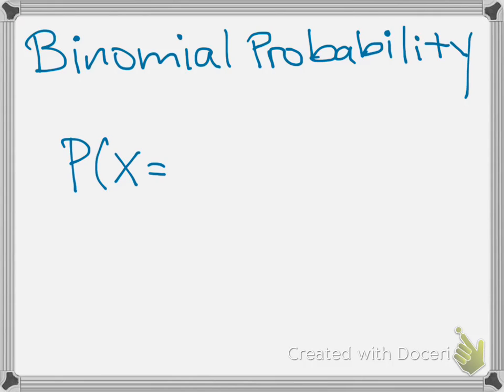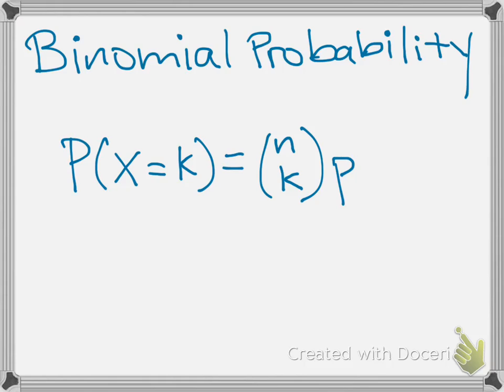It says the probability that x, remember x is your binomial random variable in this setting, so the probability that x equals k, where k is some number of successes that you're interested in, is given by the binomial coefficient that we just talked about how to calculate, times p, and again p is the probability of success raised to the k power, times 1 minus p, which hopefully makes sense that if p is the probability of success, then 1 minus p is the probability of failure, raised to the n minus k.